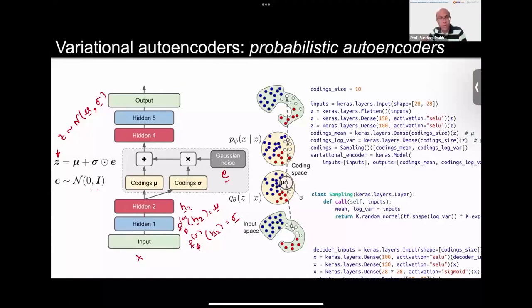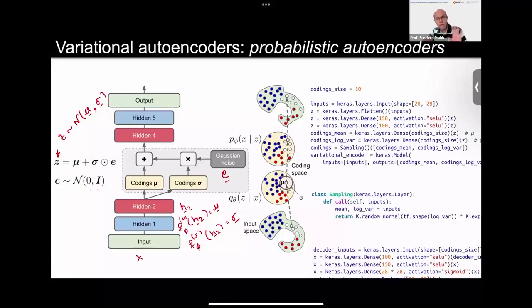So when you transform any Gaussian random variable linearly, the output is also Gaussian, and you can easily compute the mean and variance. So now, as you can see, E I can generate easily, right?